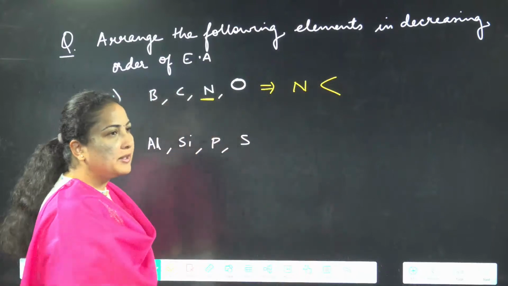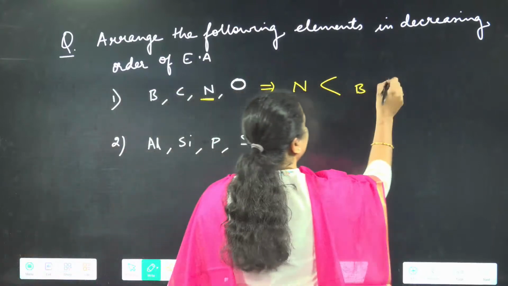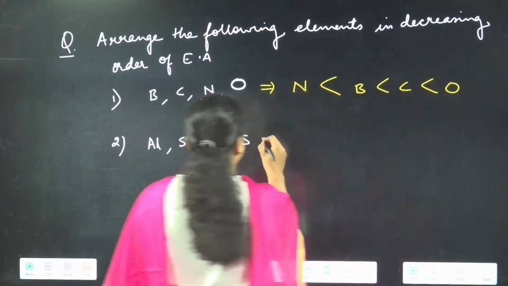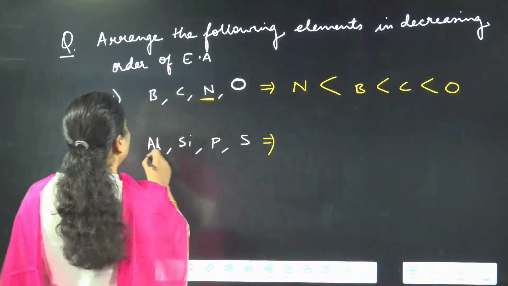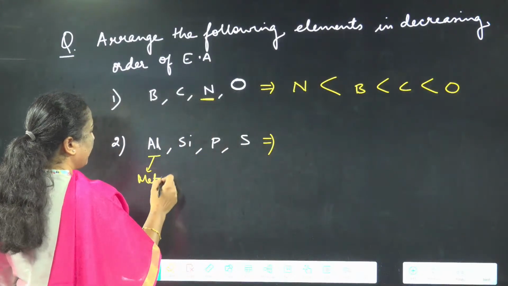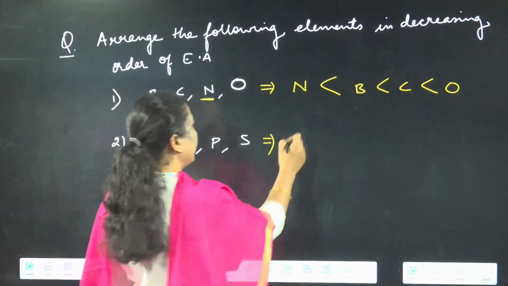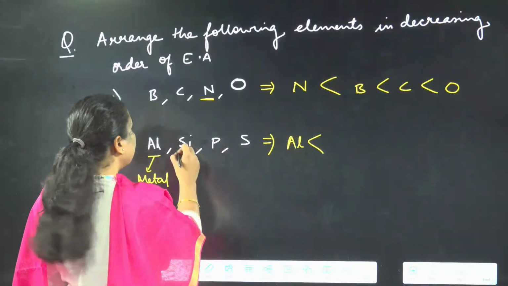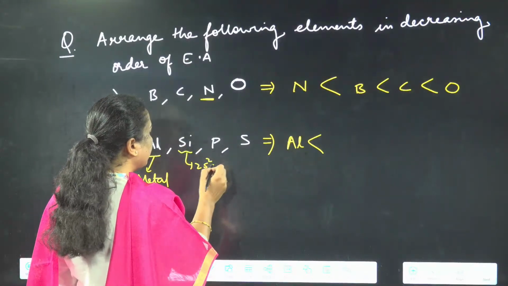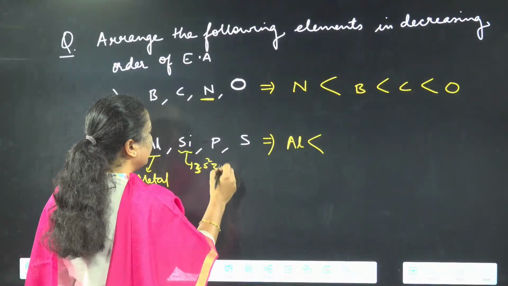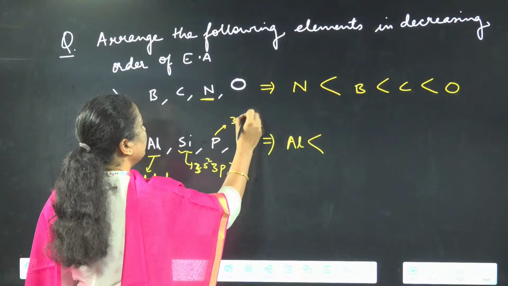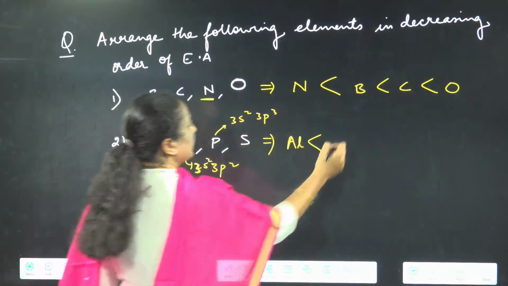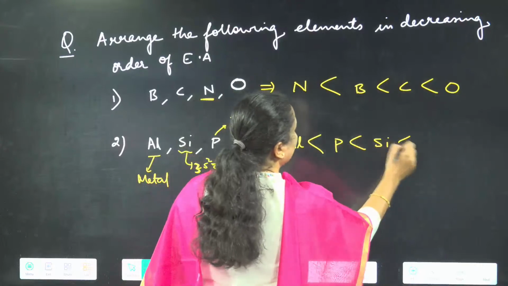After that, you just apply the Z effective for the rest of the elements, boron, carbon and oxygen. Here aluminium is a metal, and a metal will not show any tendency to accept electron, so I am keeping aluminium at the end. Coming to silicon, this is 3s2, 3p2 and this was 3s2, 3p3, so phosphorus will have lesser than silicon and then sulfur.